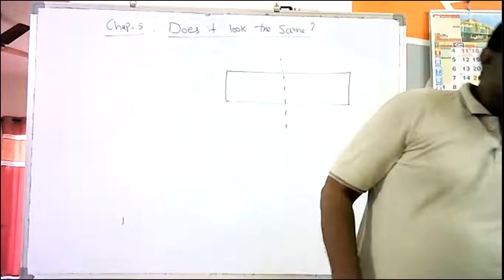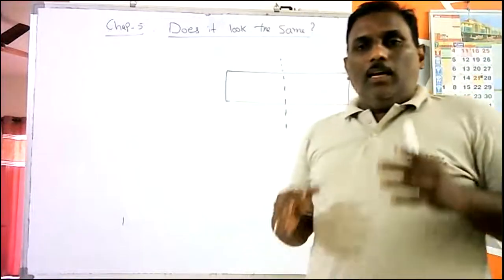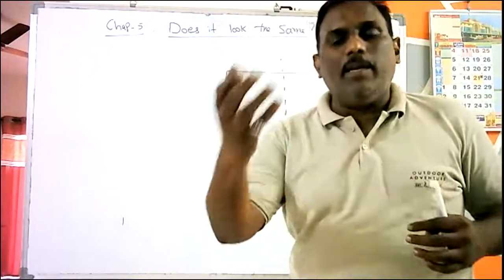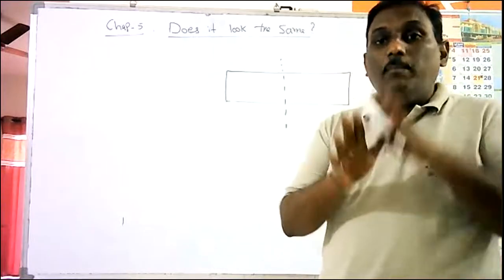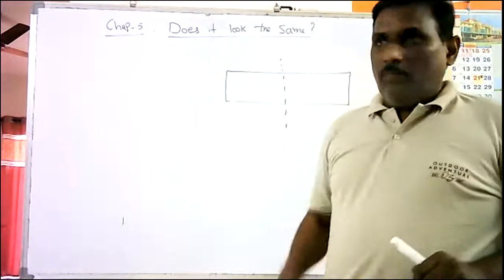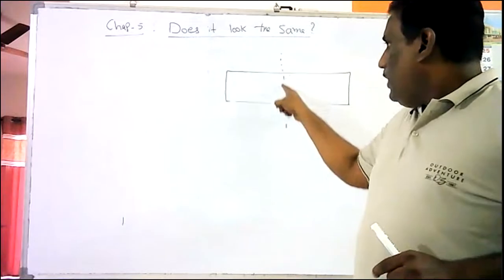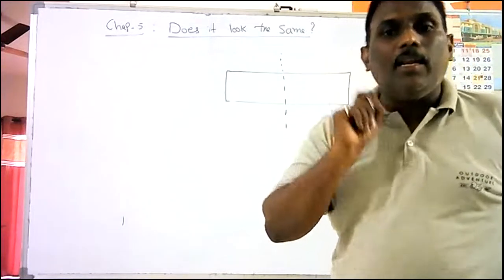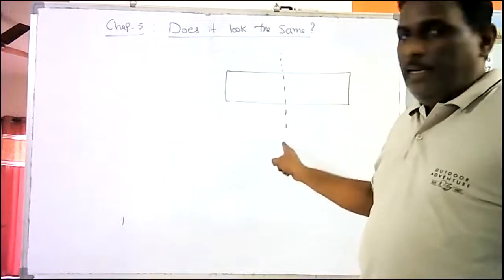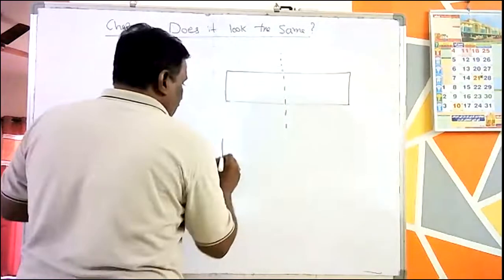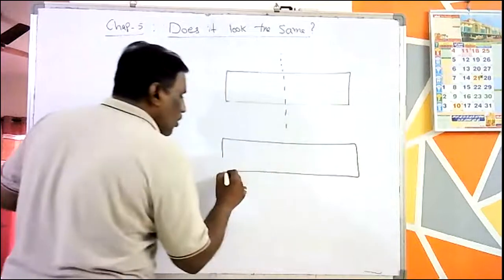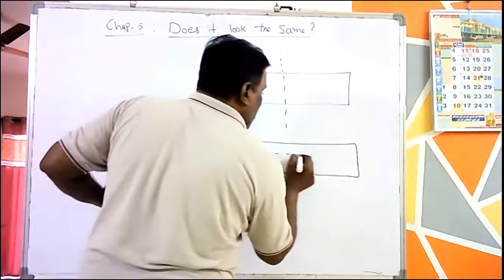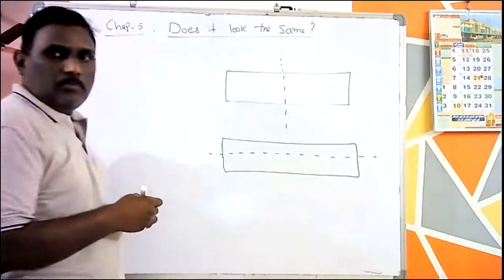For a given figure, there can be more than one symmetric line. Sometimes there can be no symmetric line. For this rectangle, one symmetric line is the vertical symmetric line. The same rectangle can be folded into two equal parts with respect to this line also.